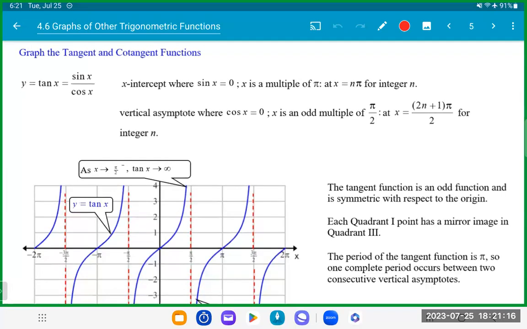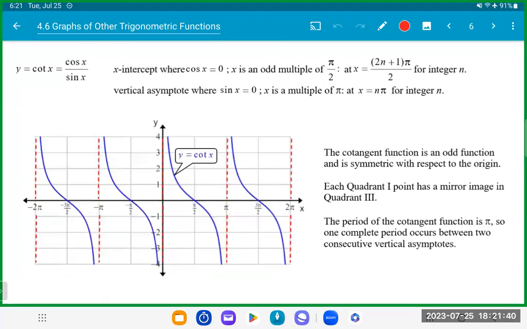And so whenever my cosine is equal to 0, my tangent is going to be undefined. Okay. And remember from the previous sections that our period for our tangent is just pi instead of 2 pi. And then we have vertical asymptotes anywhere our cosine is equal to 0.